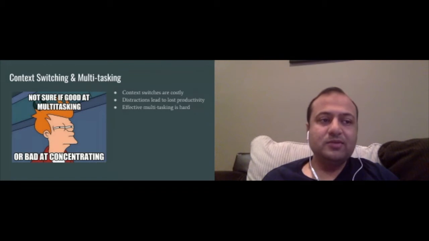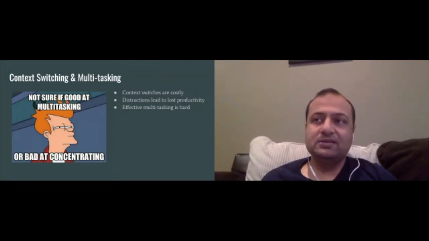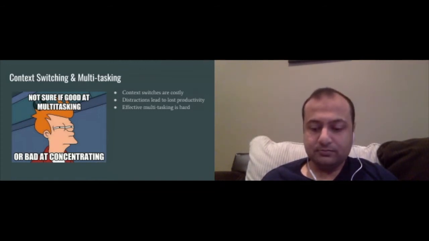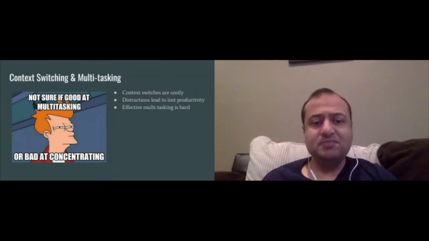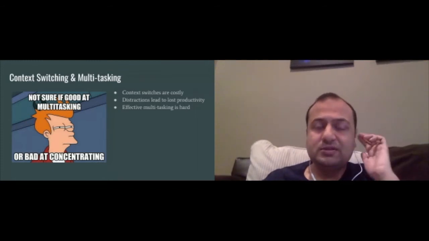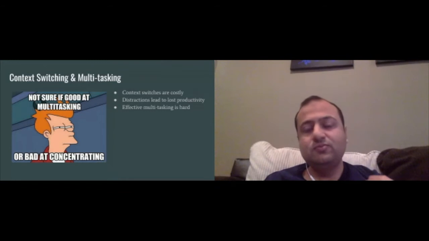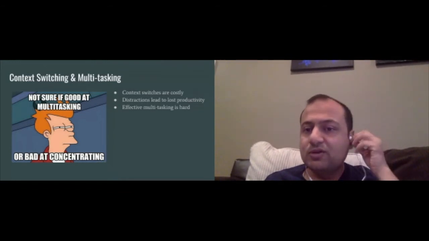That is something to keep in mind. So I never say try to be a good multitasker. That's not the way of going about things. It's always try to find out what's the most important thing that you can do today, and do that. And then do your context switch and be cognizant of when you're doing context switches. This applies to the projects that you are working on as well.